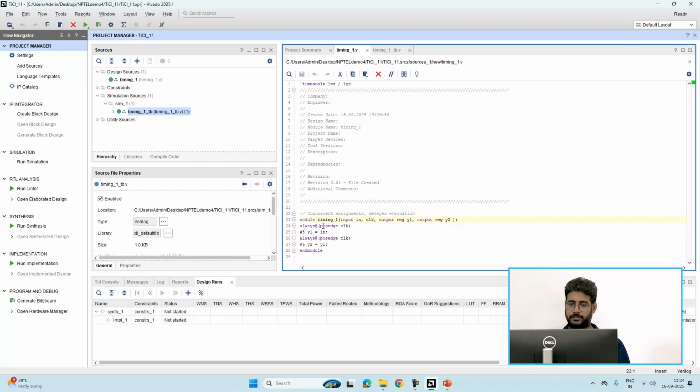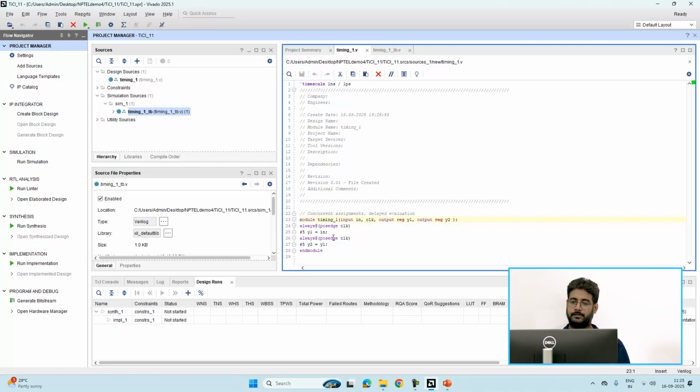See, at the positive edge of clock, this evaluation is delayed, meaning hashtag 5, there's a delay in the clock of y1. And again, this hashtag 5 delay is also with respect to the positive edge of clock only. So it is a delay of just 5 time units for execution, for this D flip-flop and the second flip-flop also.